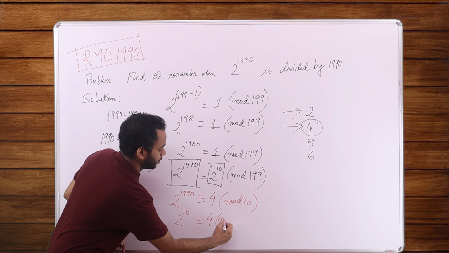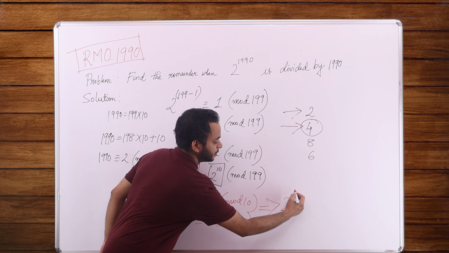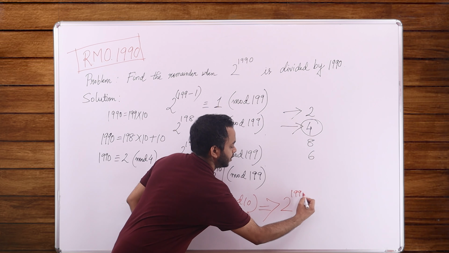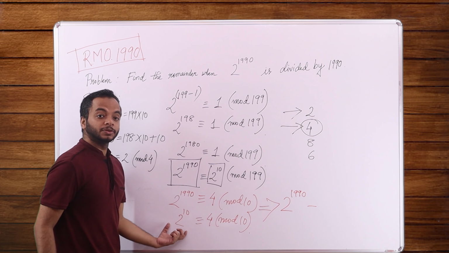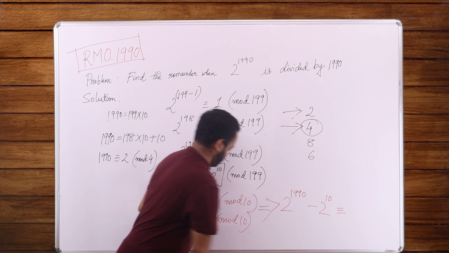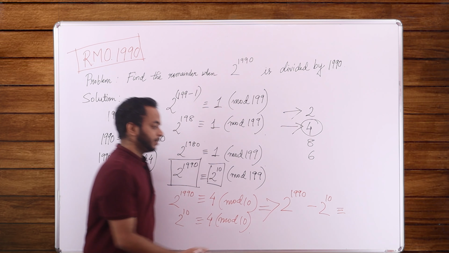Now if you simply subtract these two equations, we get 2 to the power 1990 minus 2 to the power 10 is congruent to 0 modulo 10.